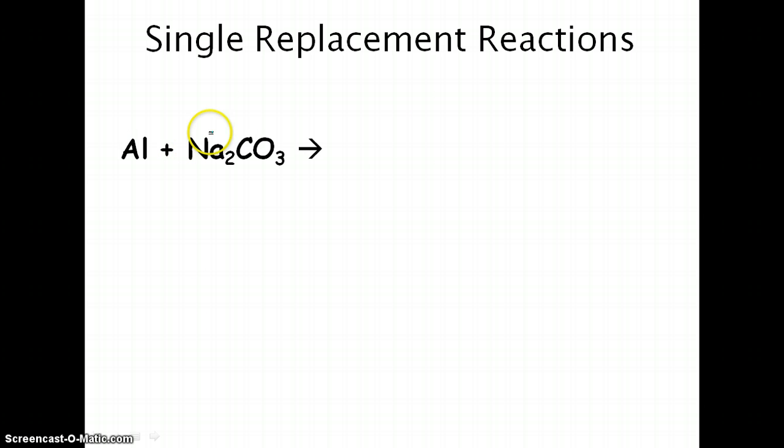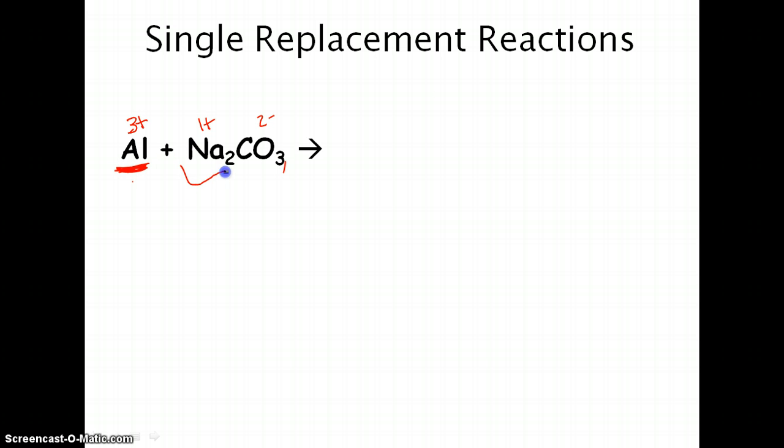Okay. All right. Here we have aluminum in a compound. It's 3 plus. Sodium, it's 1 plus in a compound. And then the polyatomic CO3 is 2 minus in a compound. So the positives are going to swap places. Okay, now this is assuming that the most reactive element is out here, okay?